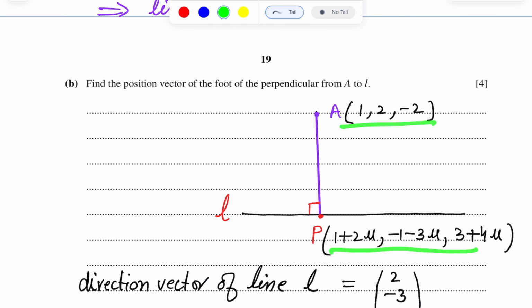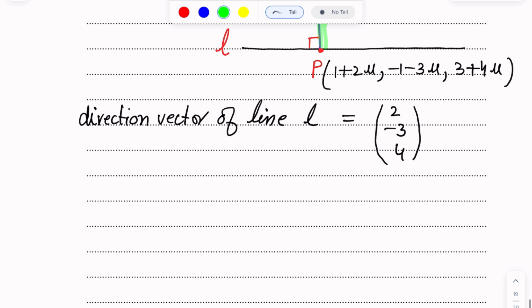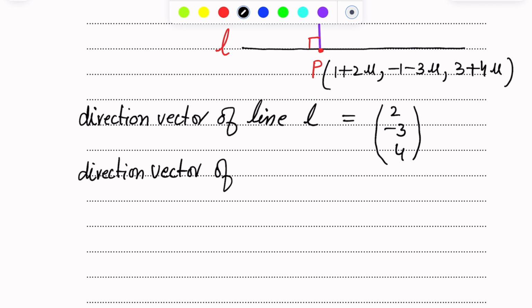So we subtract these two points. The direction vector of line AP is 1 plus 2 mu minus 1, minus 1 minus 3 mu minus 2, 3 plus 4 mu plus 2.